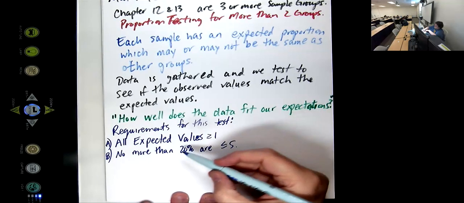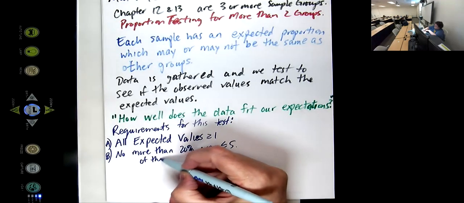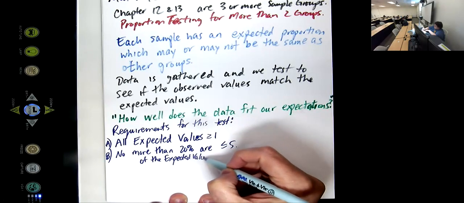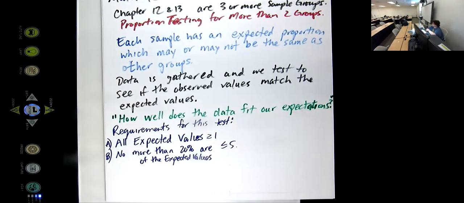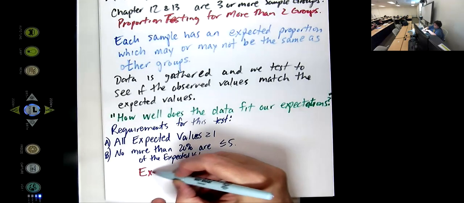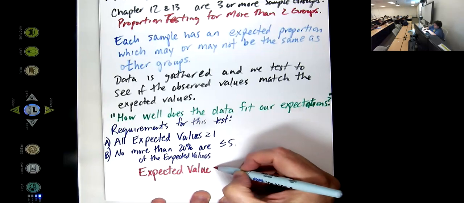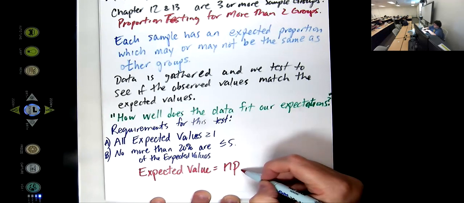Let me add more to that. No more than 20% of the expected values are less than or equal to 5. Find the expected values for each group: N times p_i.